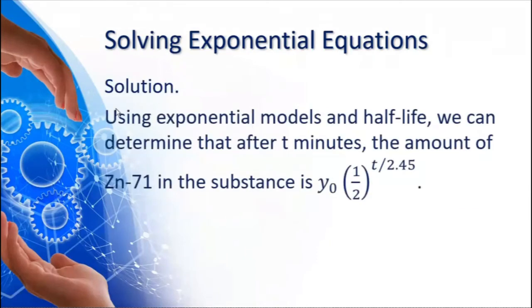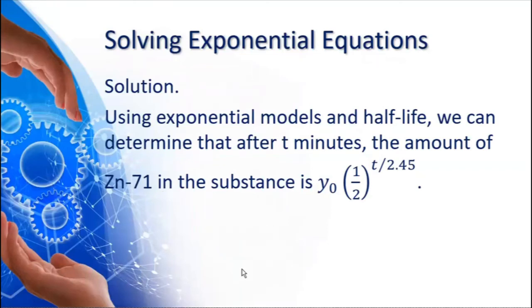So, para sa ating solution, using exponential models and half-life. So, meron tayong model doon sa ating half-life. We can determine that after t minutes, the amount of ZN71 in the substance is.